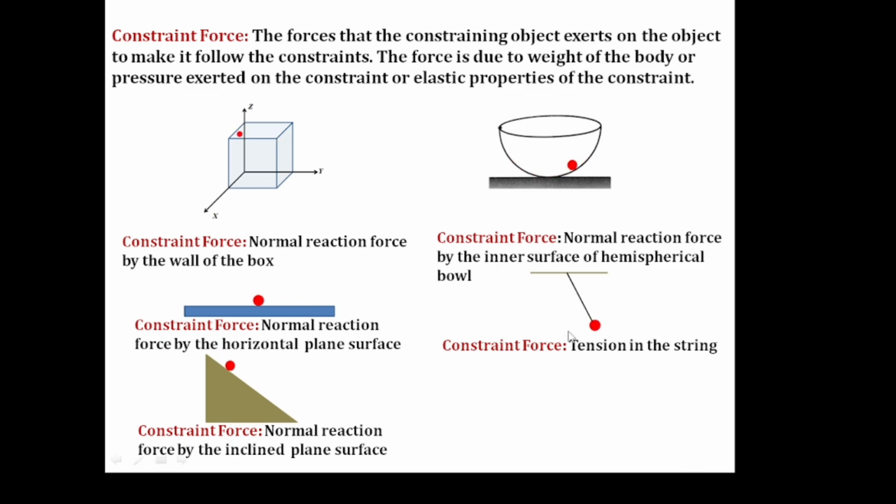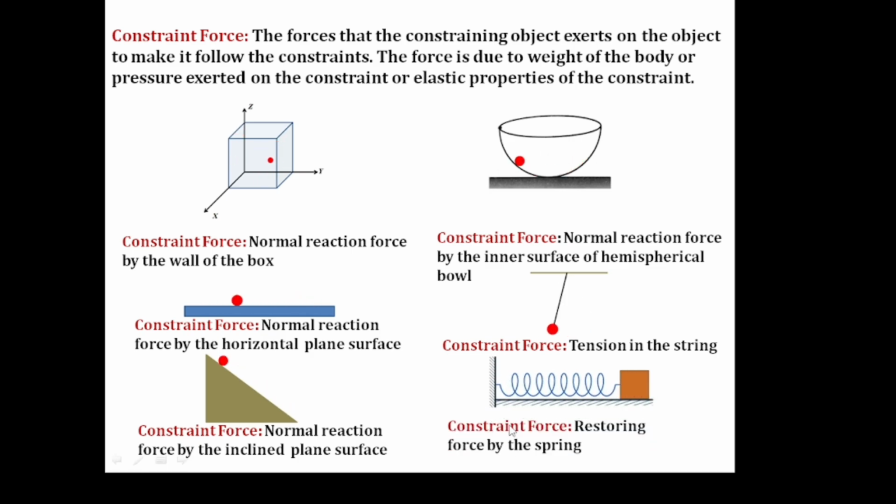The weight mg of the bob is acting downward, and the tension of the string is acting upward. And the last one, the restoring force by the spring, is the constraint force. That means F is equal to minus kx, where k is the spring constant.